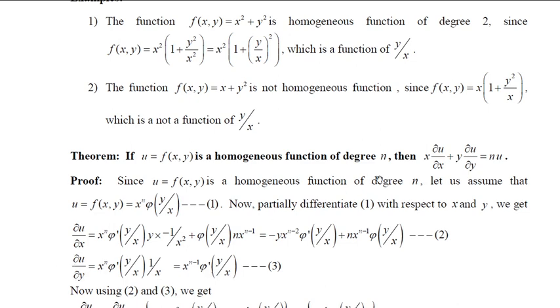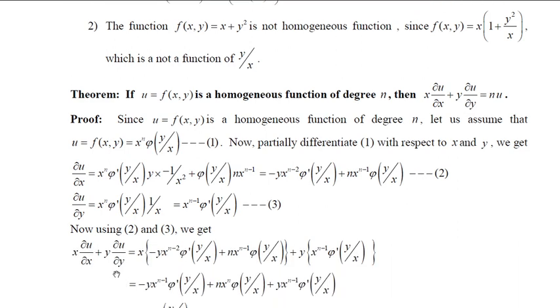Now, we need to show that x into dou u by dou x plus y into dou u by dou y is equal to this. Now let's consider the left hand side, that is x into dou u by dou x plus y into dou u by dou y. X into, we know that from equation 2, our dou u by dou x is this much. Let us substitute it. Plus y into dou u by dou y is this much.